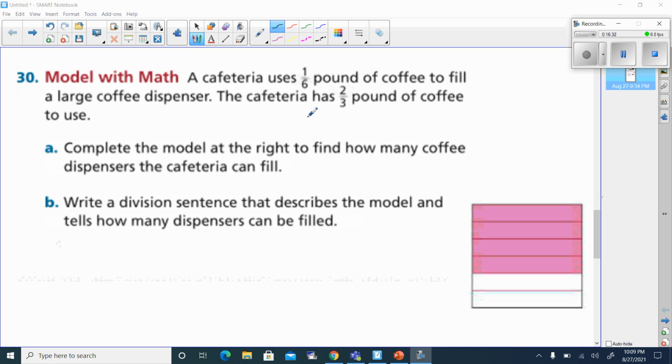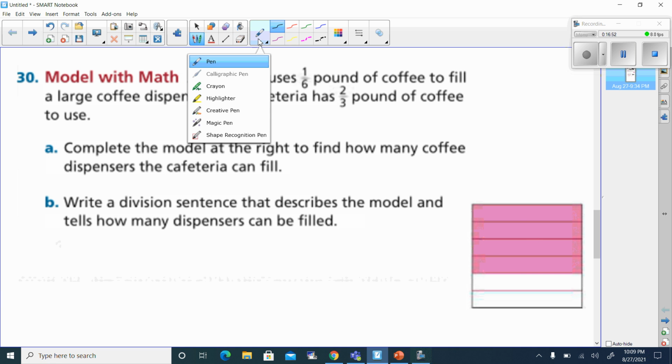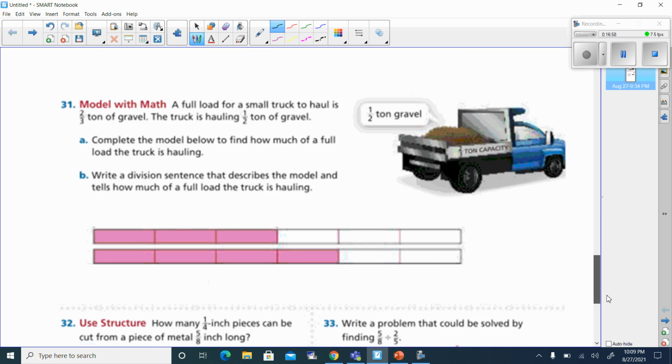Well, let's see. So we got 2/3 pound of coffee. So it looks like they shaded 2 out of 3 areas, right? And since we need 1/6 pound of coffee to fill it, then that tells me that each one of these, I'm just going to shift this over a tad bit.